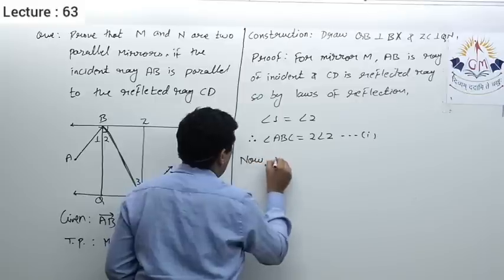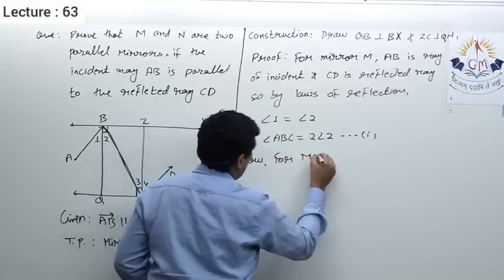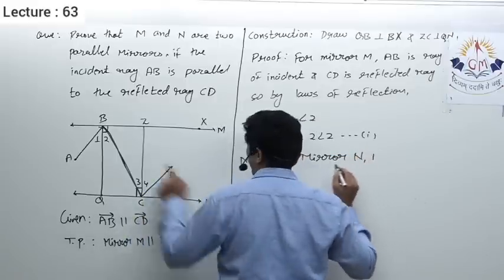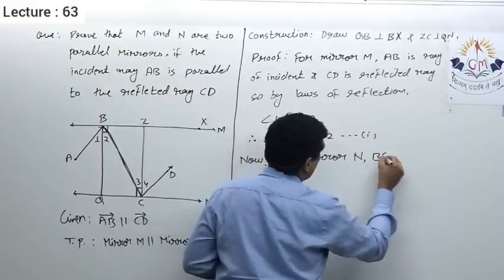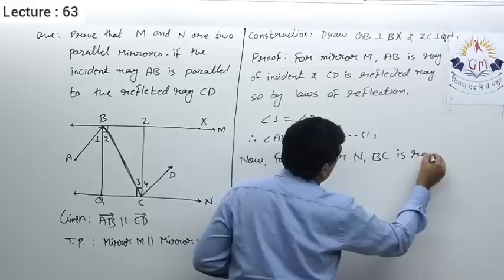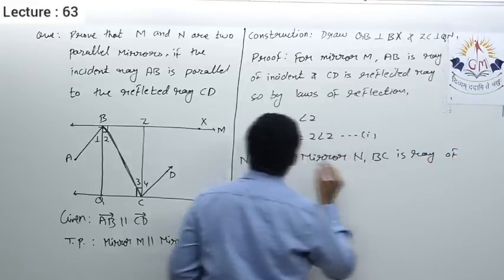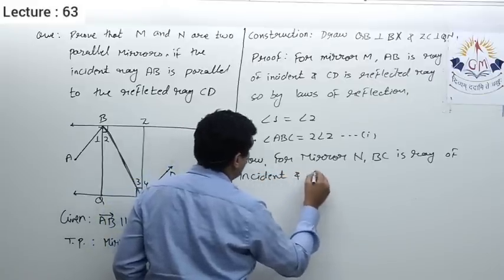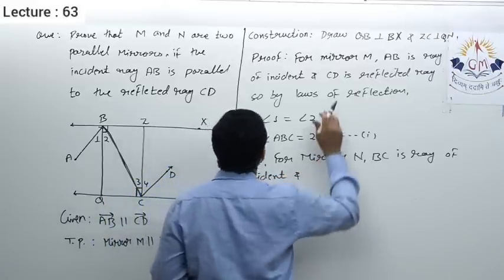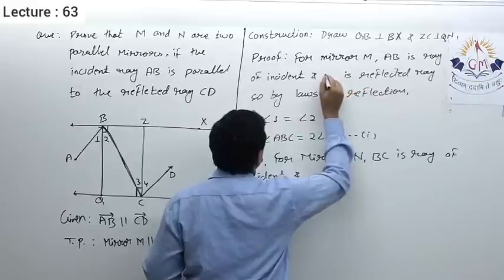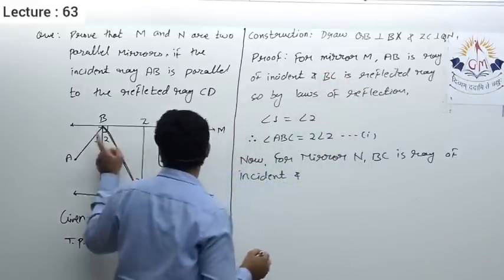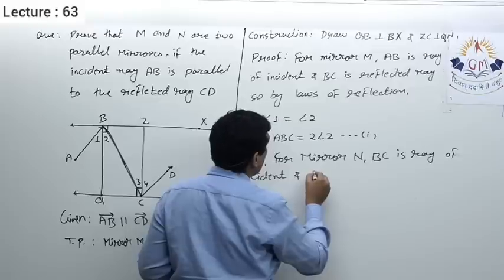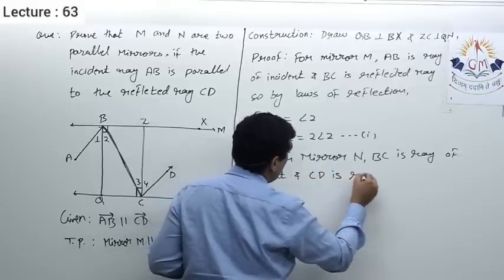Now for mirror N, BC is the ray of incidence and CD is the reflected ray.